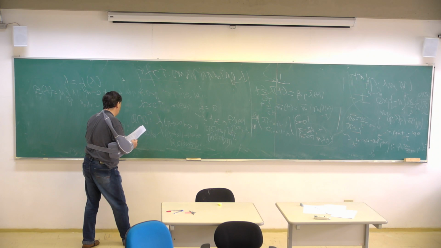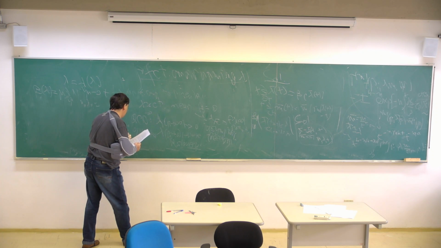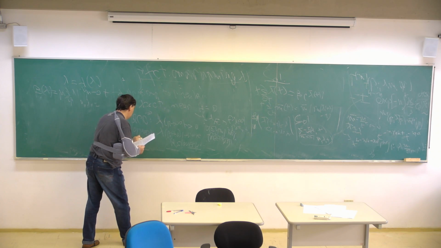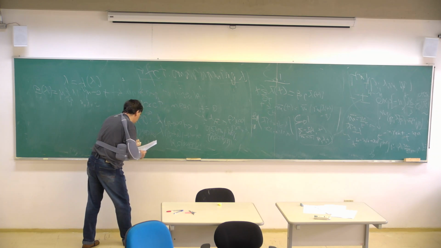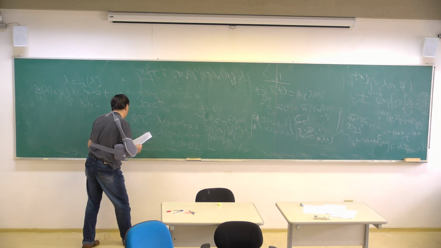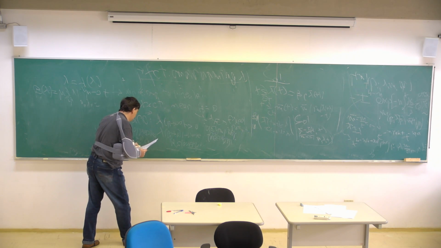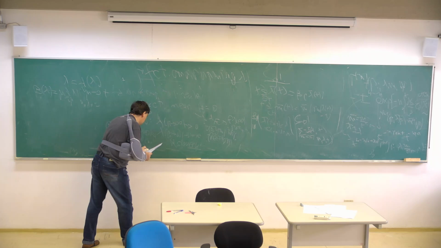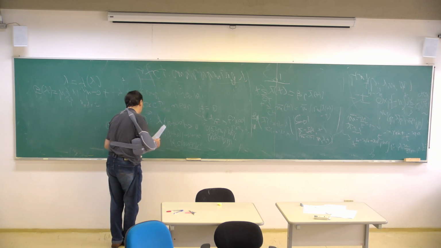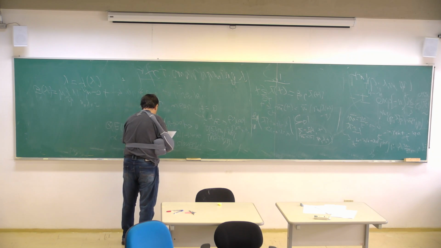So lambda as p goes to 0 is small. We know approximately how small: the QED coupling constant is alpha, really, 1 over 137.